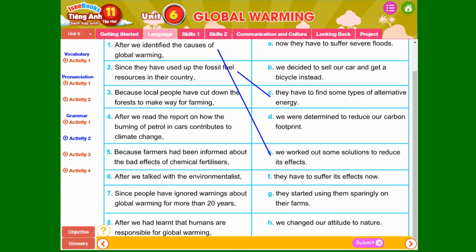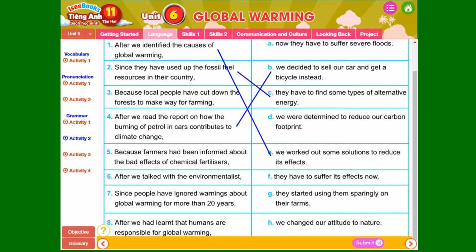Because local people have cut down the forest to make way for farming, so number 3, we match with A. Now they have to suffer severe floods. 4. After we read the report on how the burning of petrol in cars contributes to climate change, so number 4, you match with B. We decided to sell our car and get a bicycle instead.